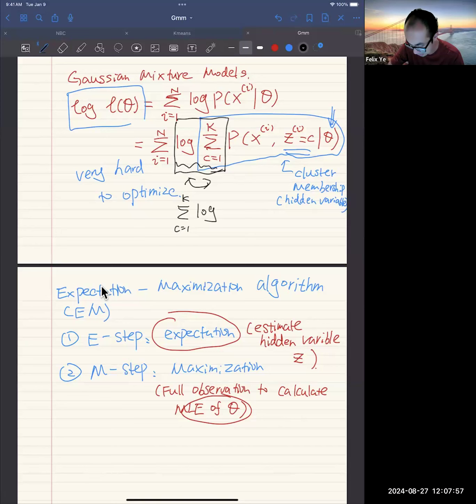Of course, we cannot switch the logarithm and the summation easily, since that's not a correct transformation. But maybe we can utilize this idea in a different way. This is hard, and this is easy to calculate and easy to optimize.